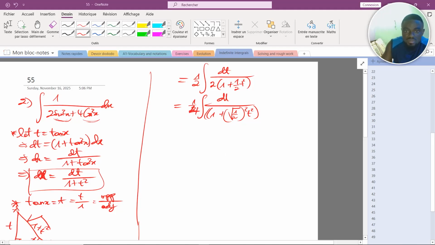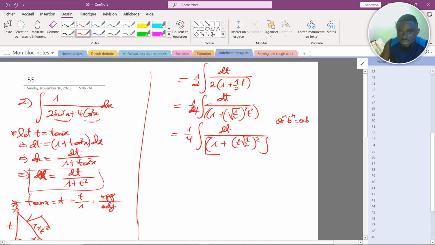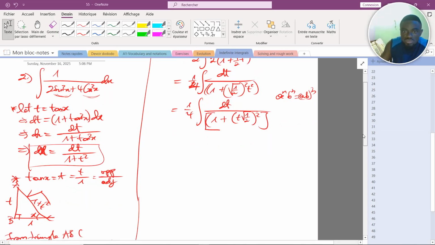This will be equal to 1/4 integral of dt all over 1 plus, let me put big brackets here, t root 1 on 2, all that squared. Is that okay? Since they have the same power, you understand? Laws of indices: a to the n, b to the n equals a, b, all that to the n. Is that okay? Now, we shall continue.